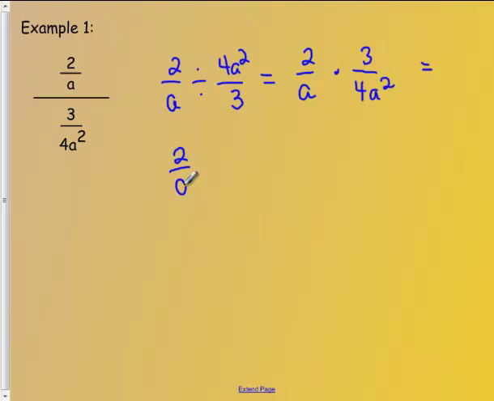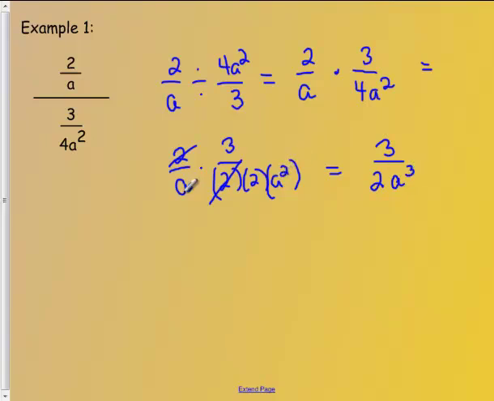The 2 over a stays the same. The 3 stays the same, but the 4a squared I'm going to factor into 2 times 2 times a squared. Realize the 2's can cancel out, and my final answer is 3 over 2a cubed. A times a squared is how I'm getting that a cubed.